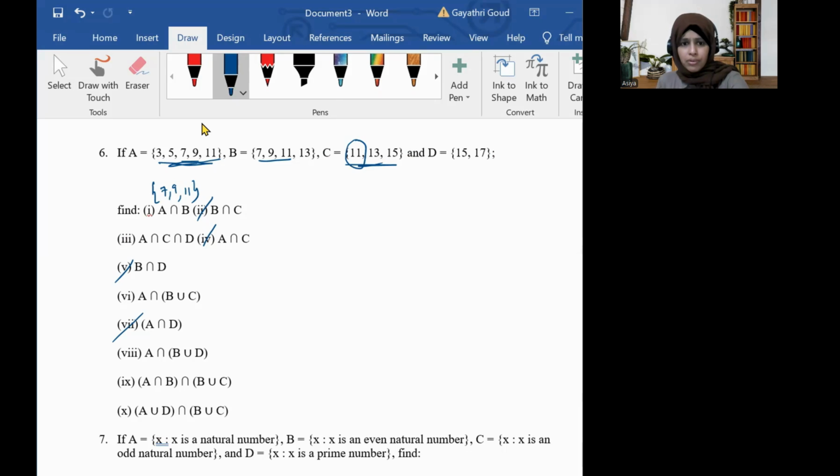Now, what are the elements that are common in D? 11 is common in both A and C, but D consists of 15 and 17. So when I do A intersection C intersection D, there is no element that is common in all the three sets. So this will be my phi or my null set.